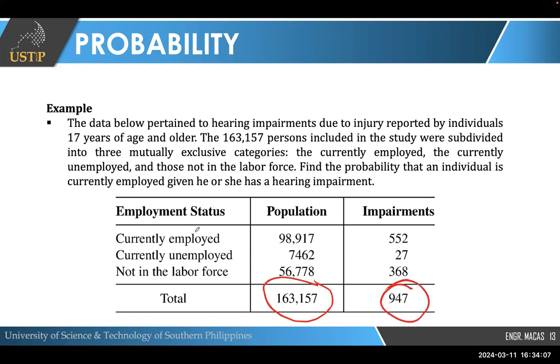Okay? So it is divided in a way. As I said earlier, there are three events but they are under one category, the category of employment status.